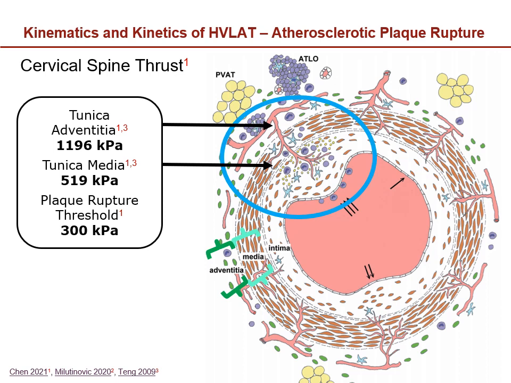And then if we look at the tunica media, the threshold is even lower, about half or so, at 519 kilopascals, and then the plaque rupture threshold, if there were about 300 kilopascals applied directly to the plaque itself, this would lead to the potential risk for the rupturing of the plaque and thus the creation of an emboli. So keeping these values in mind, we can consider the results of the study.